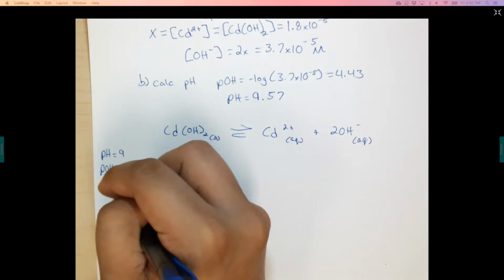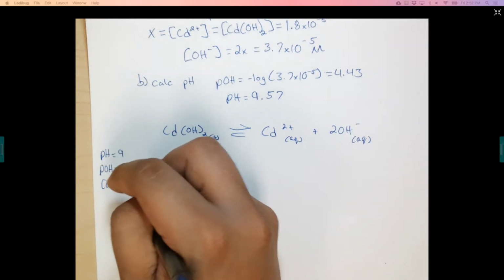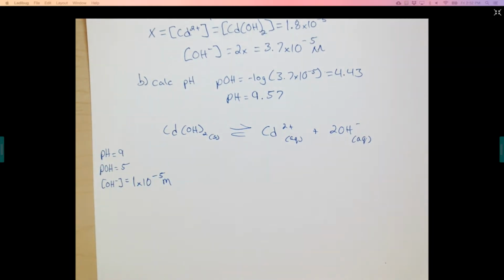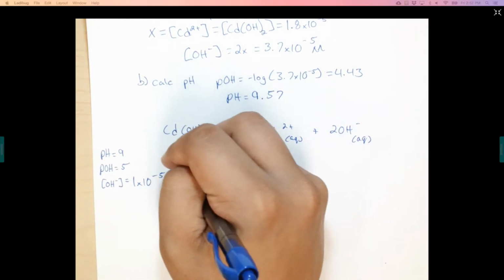Therefore, the concentration of hydroxide is equal to the second log of -5, and that is 1 times 10 to the -5 molar, already in solution. Because of that, we must take that into consideration when we're dealing with our ICE table.